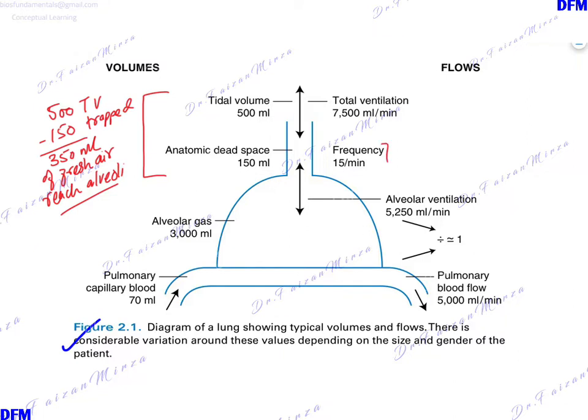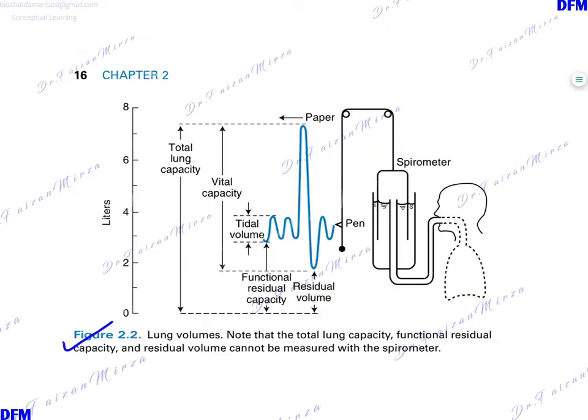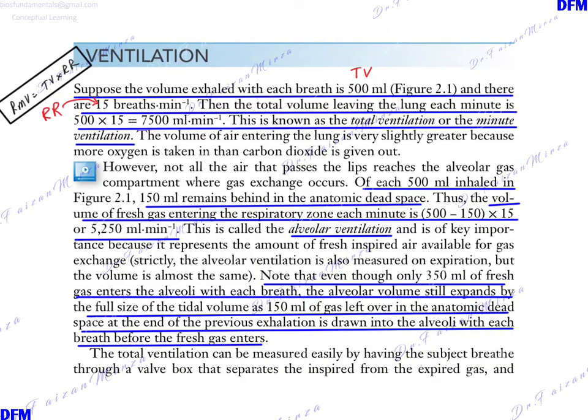And this air which will go there, if the breathing frequency is 15 per minute, so if you calculate the respiratory ventilation, 350 ml of fresh air is going in and the person is taking 15 breaths per minute, so about 5250 ml per minute of fresh air is going. So this is what ventilation actually means.